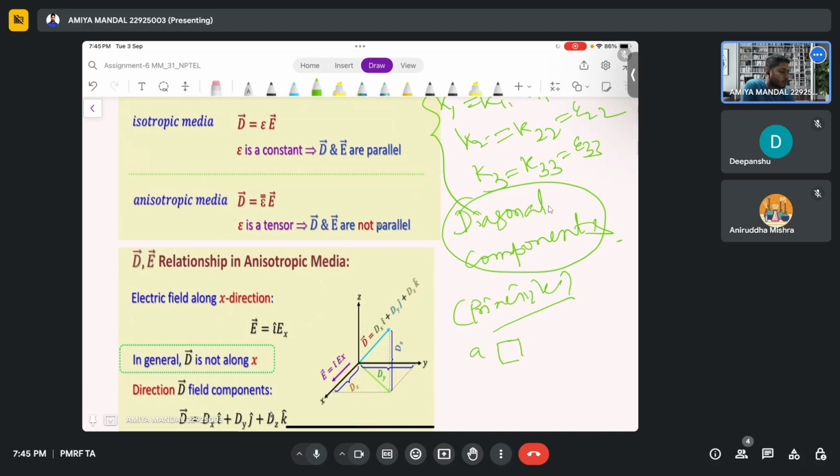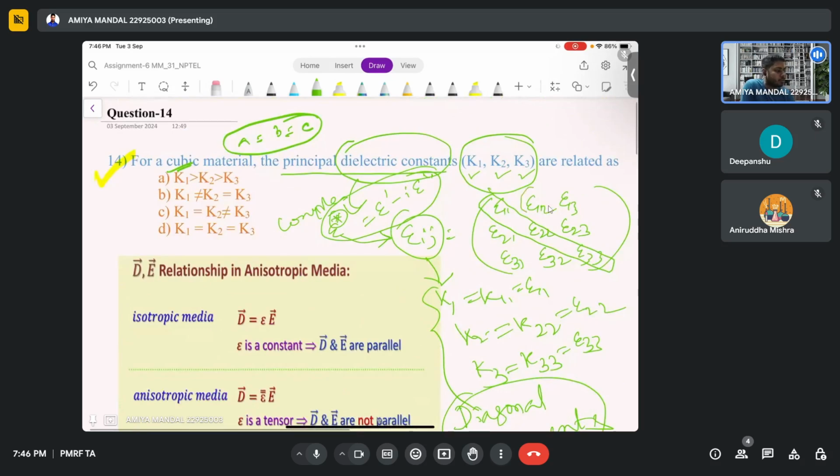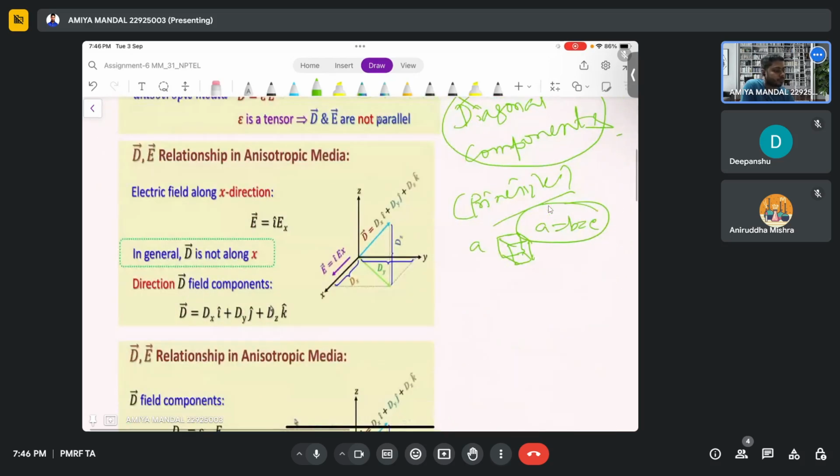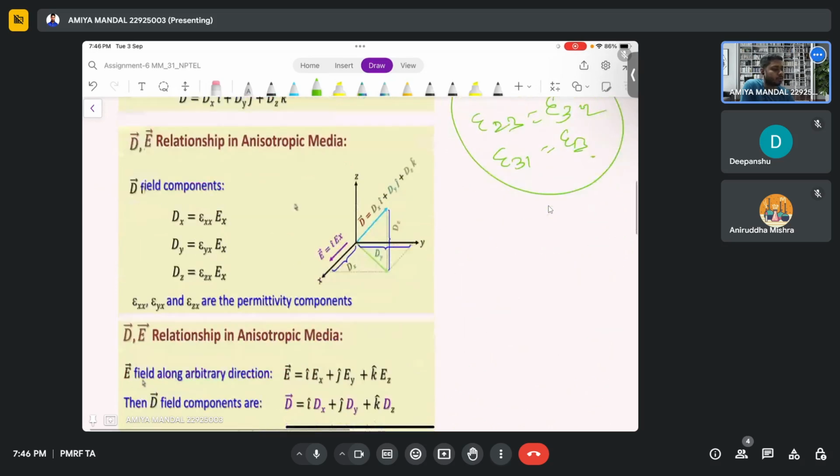For a cube, A equals B equals C. For symmetric cases, the off-diagonal terms will cancel out at each face. Means E12 equals E21, E23 equals E32, E31 equals E13. They each cancel out.